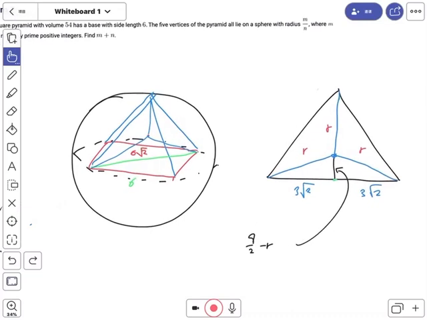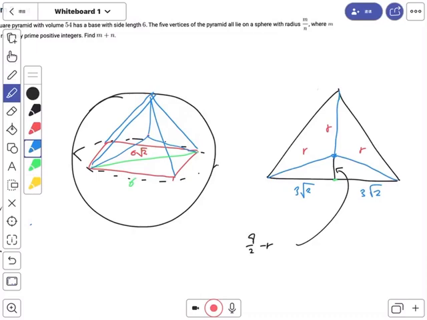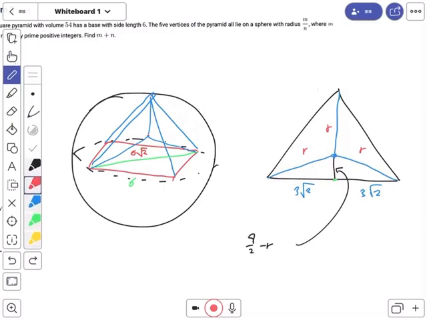Now, if this is 9 over 2 minus r, then we can actually try to look at this right triangle. Now, we have a right angle here. We have a right triangle here, and we have r, 9 over 2 minus r, and 3 root 2. Yeah, the Pythagorean theorem comes into play right here. So now we have this right triangle, and we can actually generate some equations.